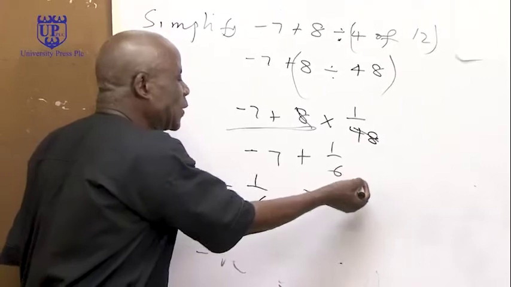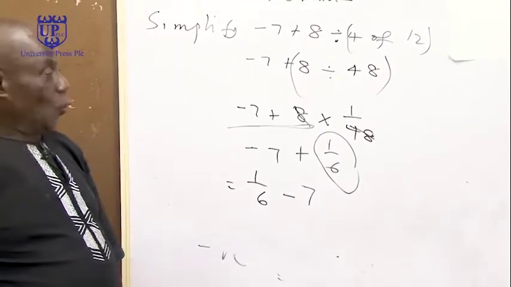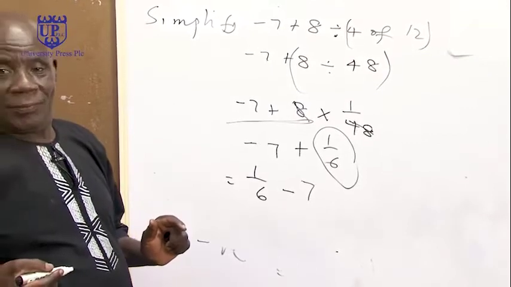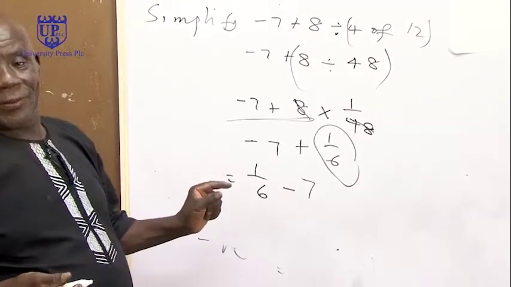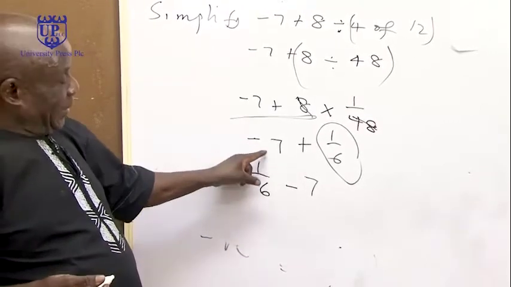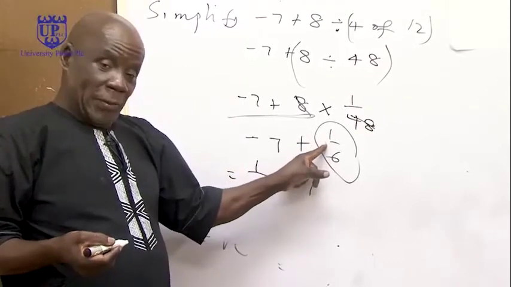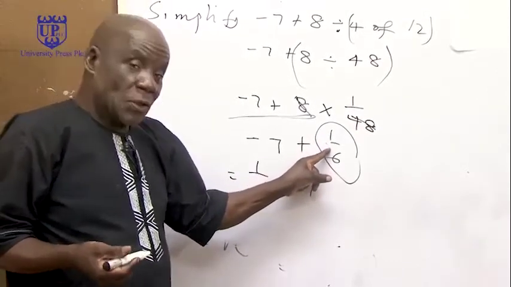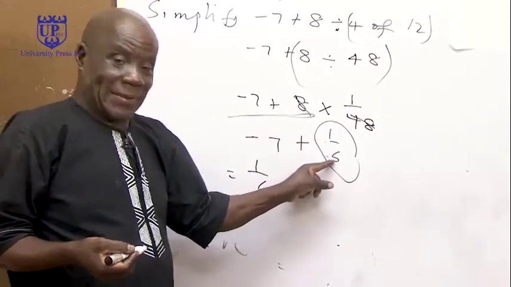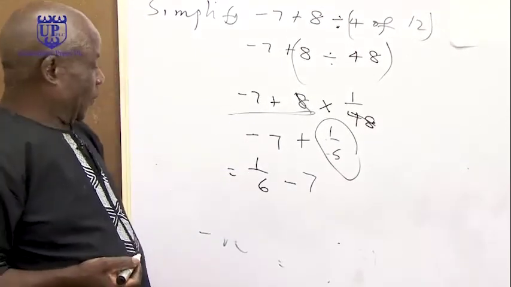You write the positive number first for you to be safe, or else you may be adding. The negative number here is greater than the positive number, so your answer must be a very small negative number.